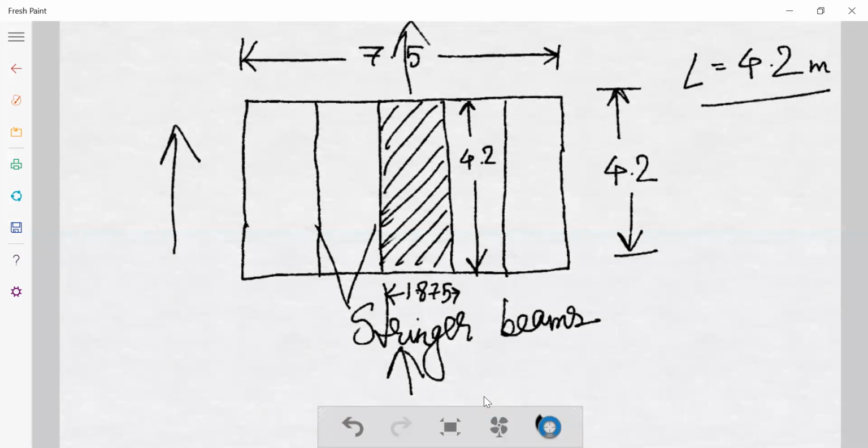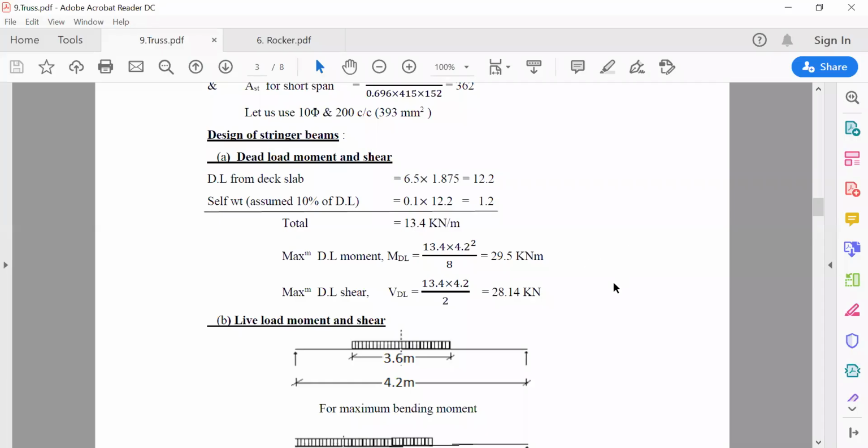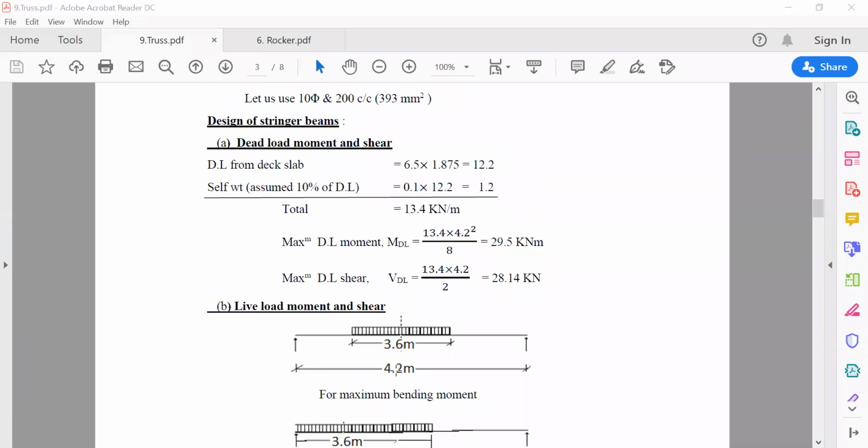Now, dead load from the deck slab, it is taken by what? The dead load that we have calculated, we are finding it in the form of UDL.